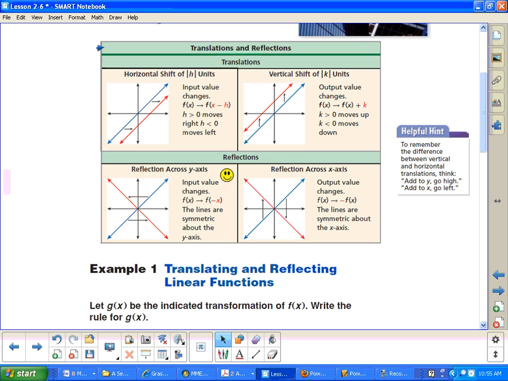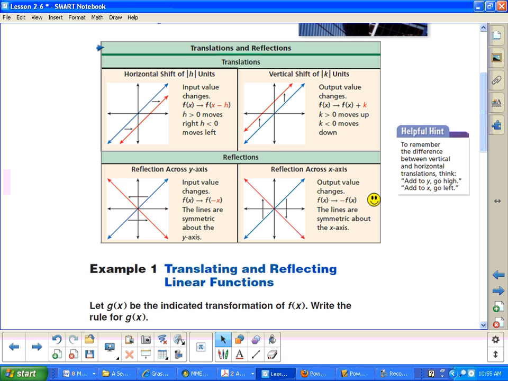And then there's a vertical reflection across the x-axis, which means the whole function is going to change signs. It means the y values are all changing signs, and the whole function is then going to become negative. So horizontally affects the x, vertically affects the y.